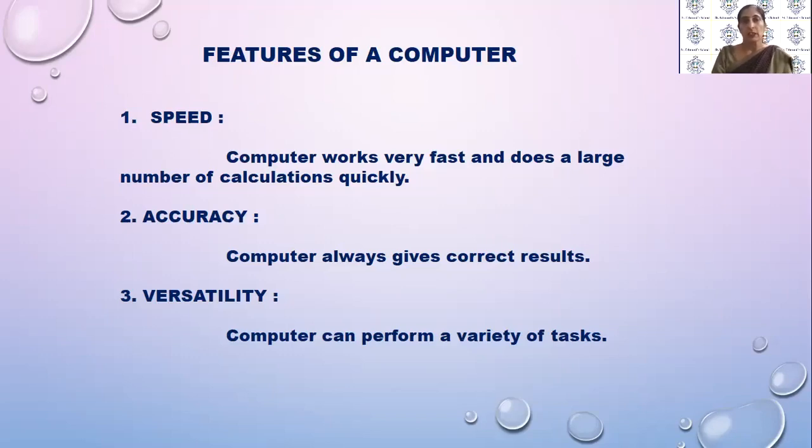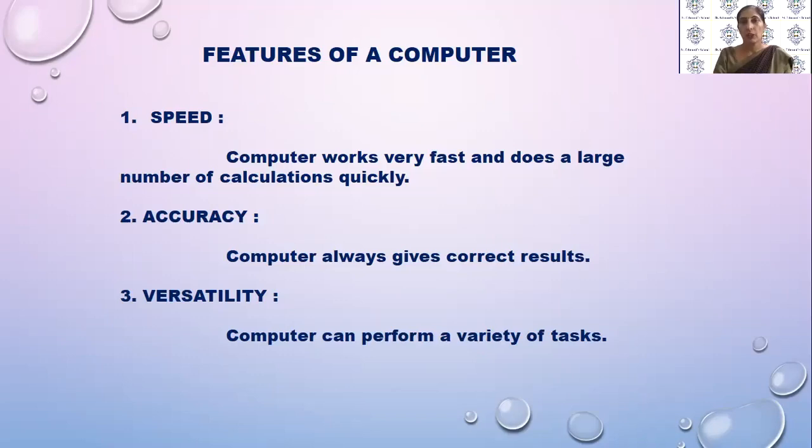Second feature, it is the accuracy. A computer always gives the correct result. It does not make any mistake. So whatever input is given to the computer, you always get the correct output.